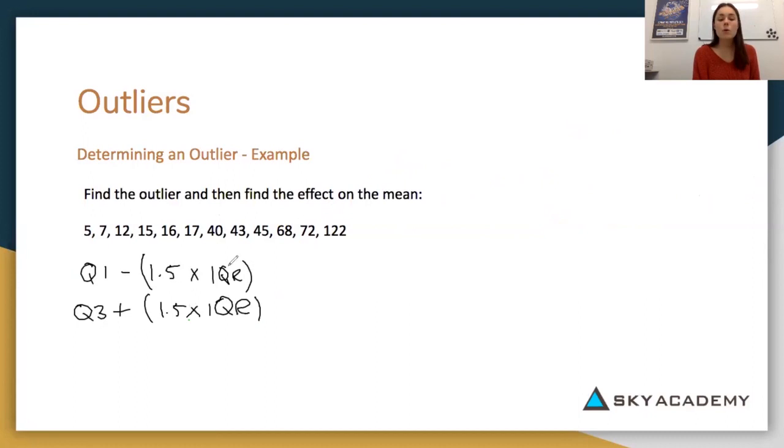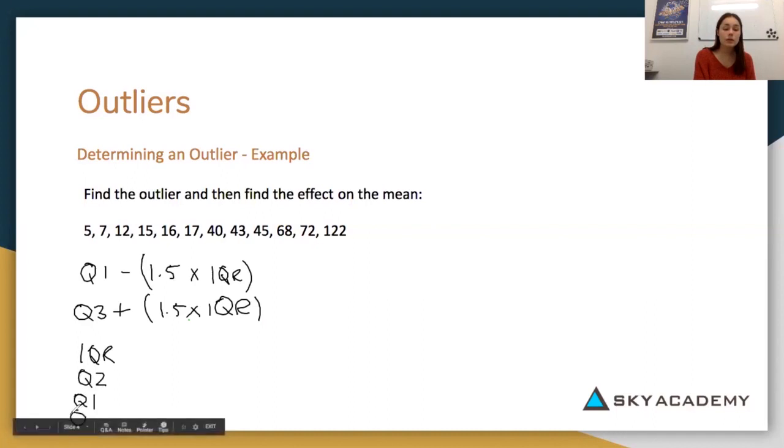So what we need to find is Q1, Q3, and the IQR. And to find the IQR, we need to find Q2 and Q1 and Q3. So we need to find all of these values before we can sub them into the two formulas.